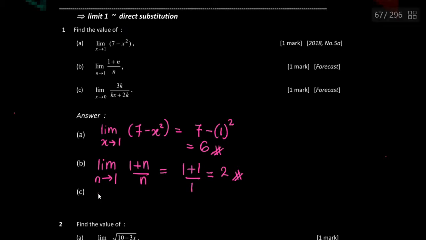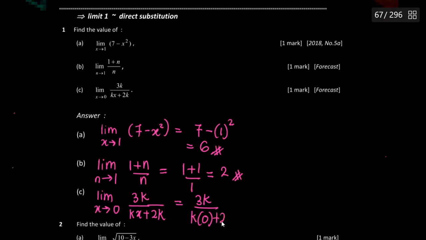For the next limit, let's substitute x approaching 0 into the x. Remember, you have to substitute into the x, not the k. So 3k over k, 0 plus 2k.